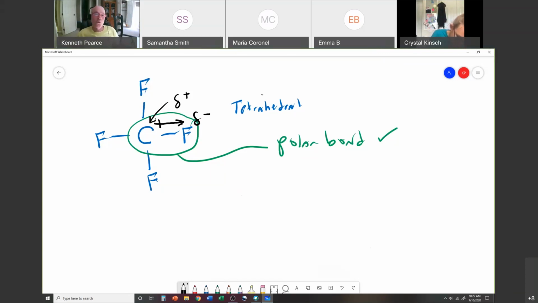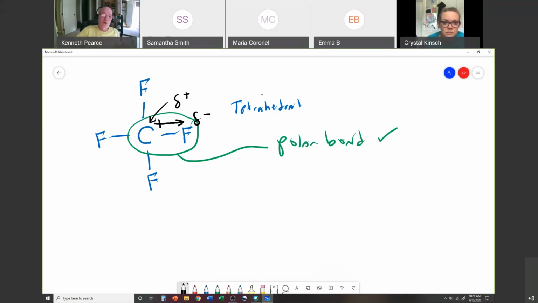Okay, yeah, no problem. Polar bonds. But what about the molecule itself? Now, I don't know how far you've gotten on math, but you may remember this term called a vector. A vector is something that has a magnitude and a direction. Well, that partial plus, partial minus has a magnitude, so many debyes, and it has a direction. It's pointing towards the fluorine.